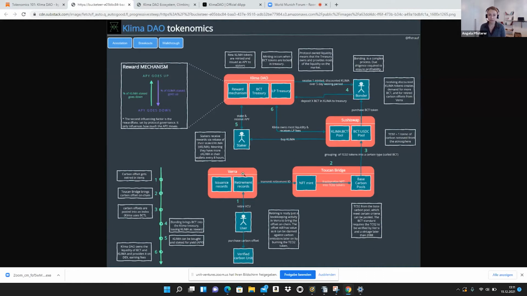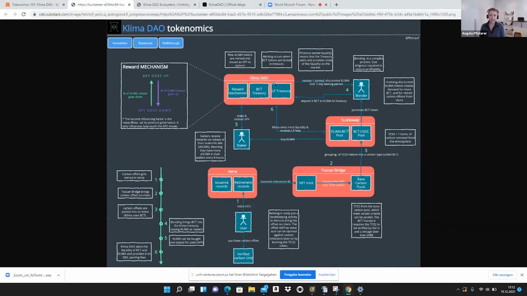KlimaDAO is currently using projects that are registered with Verra, which is a standard in the end to judge projects, because not every project would be eligible under Verra. They have certain standards, and when these are met, they will be recorded in the registry of Verra. So this is how it all comes together. The project verified by Verra in the end, via the token bridge and SushiSwap, comes into KlimaDAO.